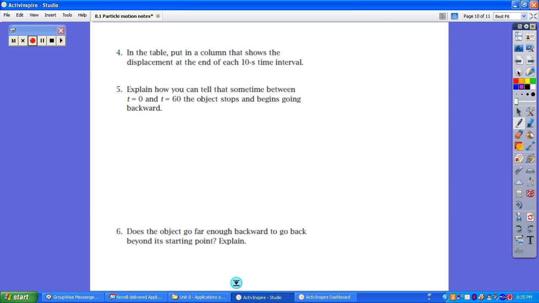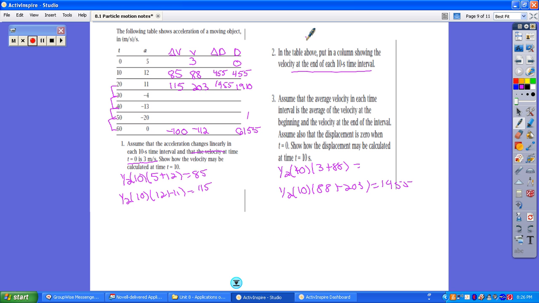Then on number 5, it says explain how you can tell that sometime between t equals 0 and t equals 60, the object stops and begins going backward. So if we look at this, we know that the function is going to go backwards when the velocity is negative. So you would have to look at your chart, and somewhere here, your velocity should be negative. So we can obviously tell at 60 it's negative 112.